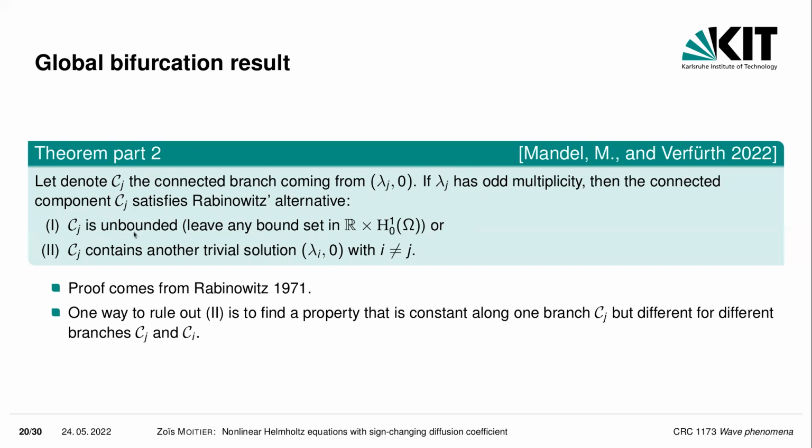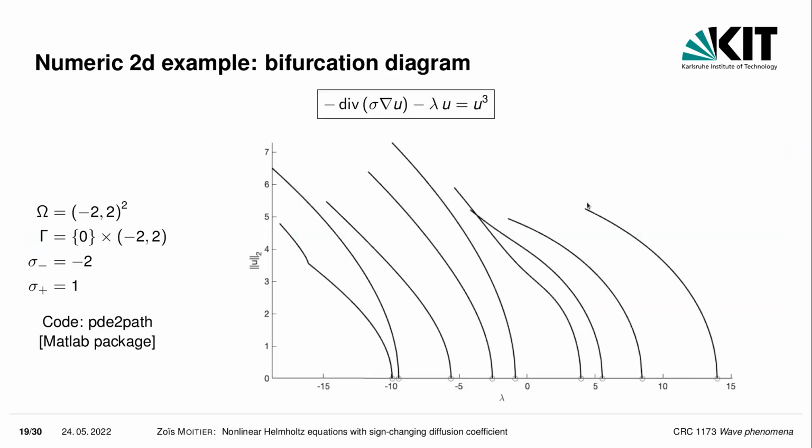Either the branch is unbounded, in the sense that it leaves any bounded set in the R times H10 solution space, or if it's bounded, it must contain another trivial solution. So if I go back here, that means either the branch will continue somewhere and leave any bounded set, or it will actually go back to the trivial branch solution.